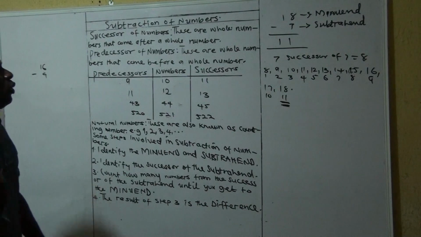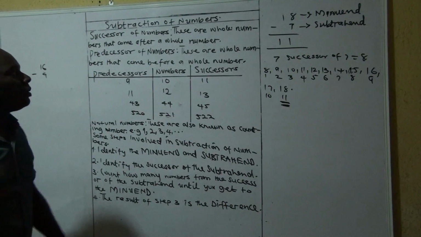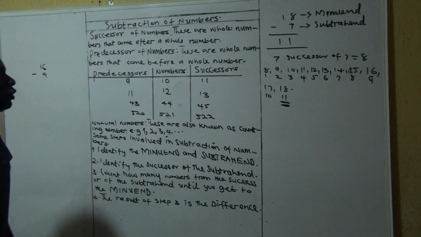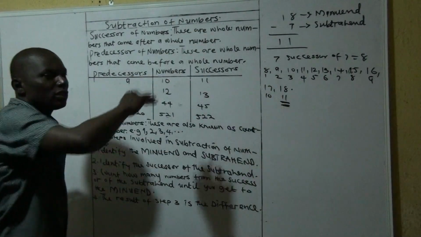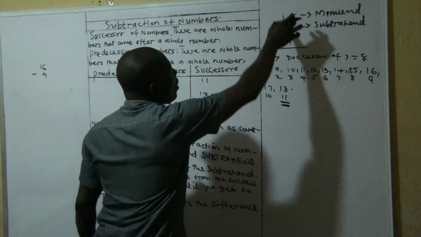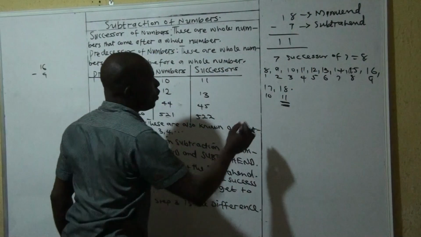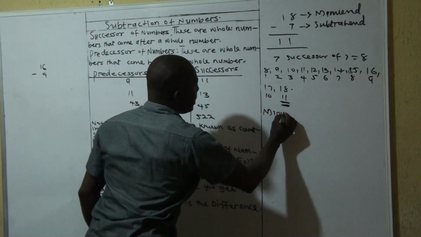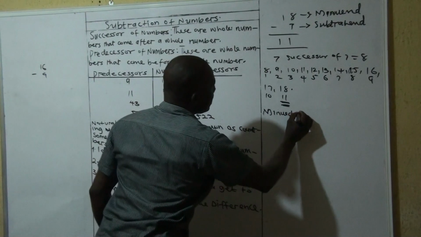But assuming we want to do it in form of the predecessor. If we want to use the predecessor to get our answer, what we usually do here, we hold our minus. Look at our minus here. Our minus is 18.